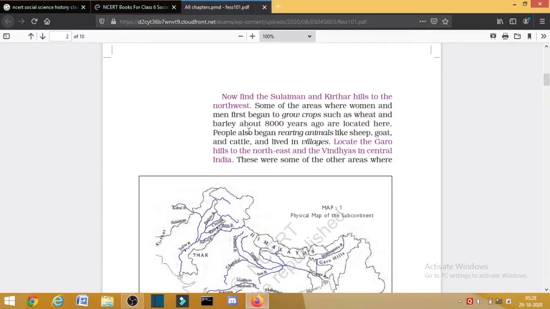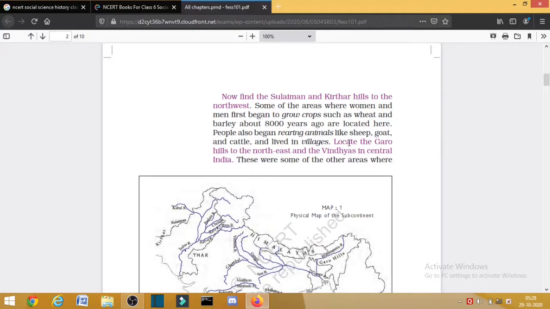People also began rearing animals like sheep, goat, and cattle and lived in villages. So slowly people started to domesticate animals such as sheep, goat, cattle, and they began to settle into village life and lived in villages.